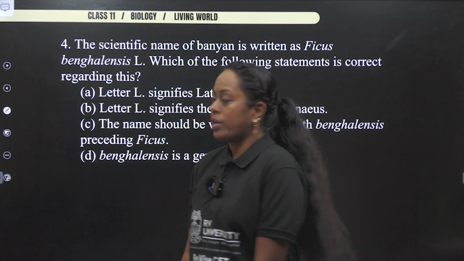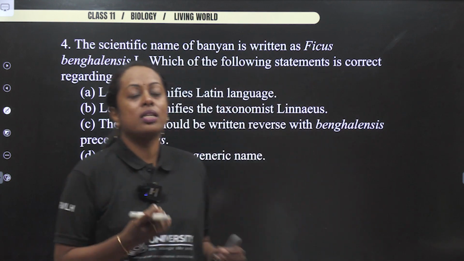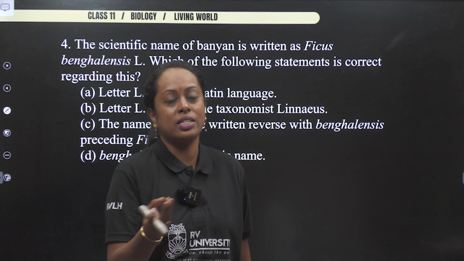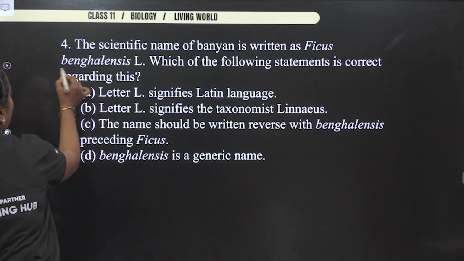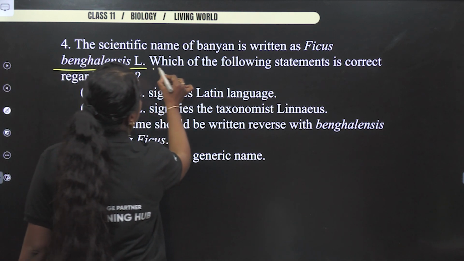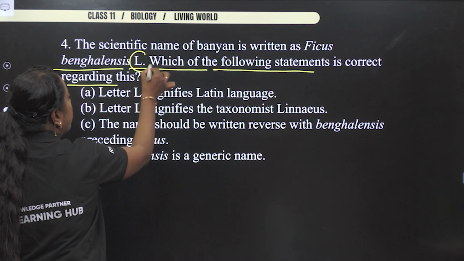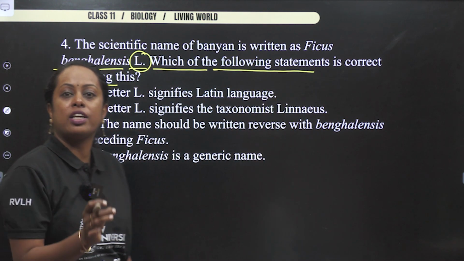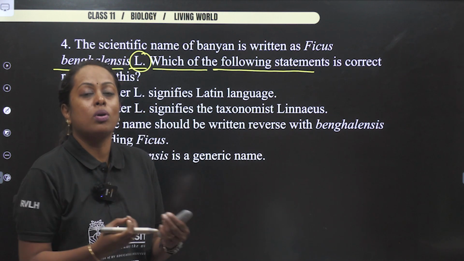Okay. Next question. The scientific name of the banyan tree is Ficus bengalensis L. So if you see the scientific name, one part is the generic name, one is the specific name, and L stands for the author's name. Which of the following statements is correct? I already told you L is the abbreviation of the scientist who found it or who classified it.